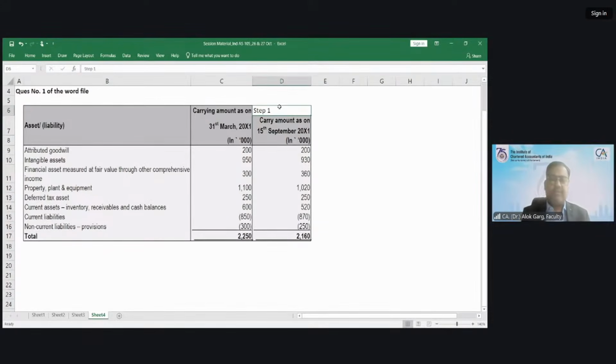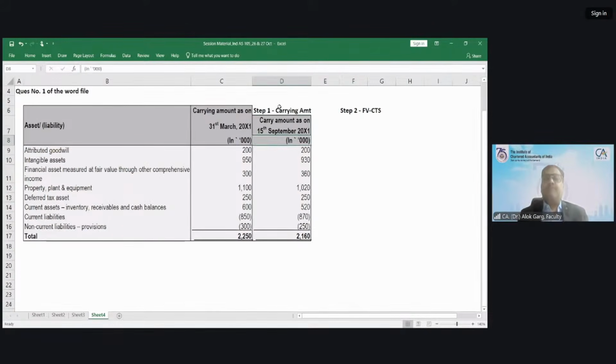Now, what is my step number two? Fair value less cost to sell. Step number one is the carrying amount: you need to determine the carrying amount immediately before reclassification as held for sale, meaning on the date of held for sale. Step number two, fair value less cost to sell.